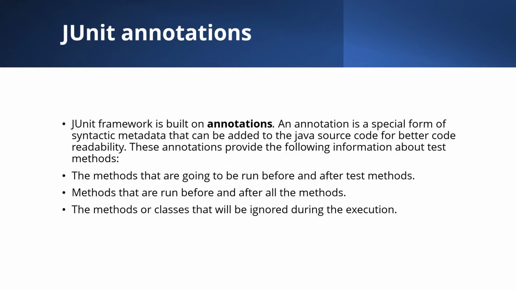The information which we get are the methods that are going to be run before and after the test methods, using the @Before and @After annotations which we have seen just a few slides ago, and methods that are run before and after all the methods. We'll see about these. And the methods and classes that will be ignored during the execution. These all will be seen now.